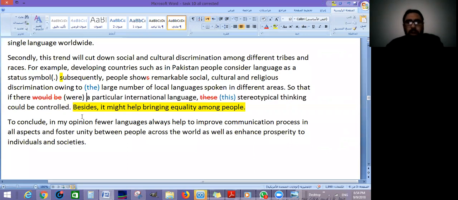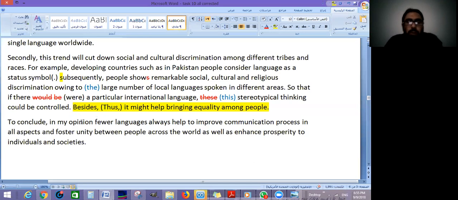Besides, it might help bringing equality between people. Now here it says "besides," so it's like in addition to what we've just said, as if this is a totally different idea. I think this goes exactly with this. So we could say, thus, as a result or as a consequence, it might help bring social equality. So let's put "thus" here, or "therefore," or whatever, yeah? Thus, it might help bring equality among people.